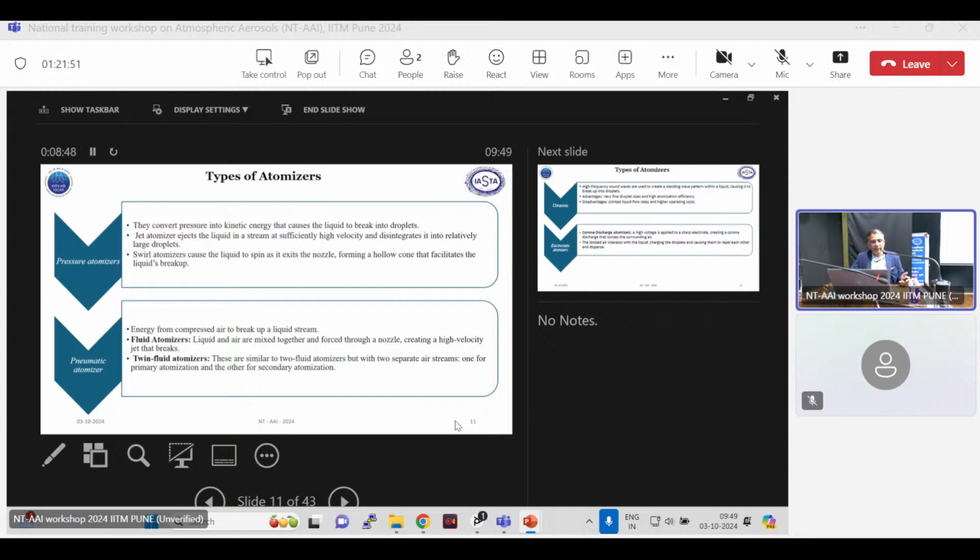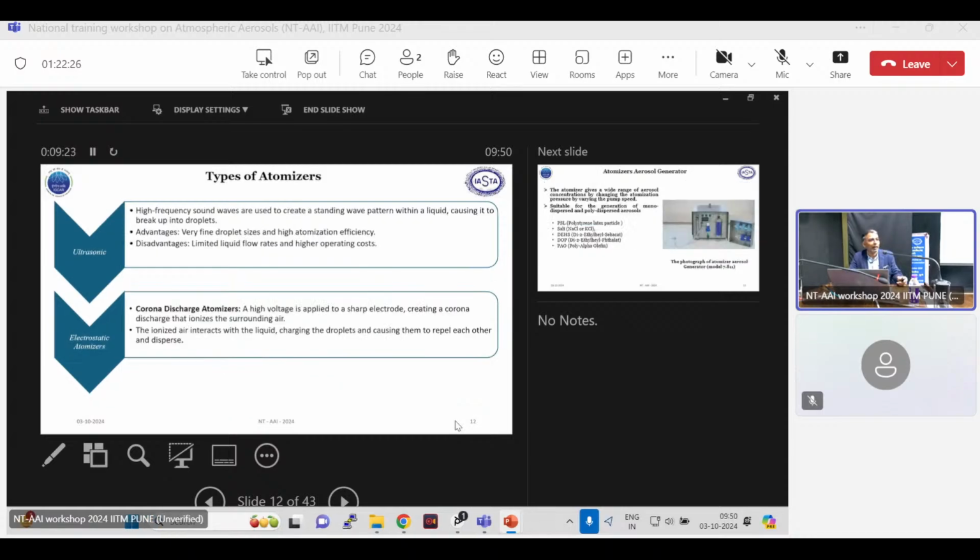Then the pneumatic atomizer, like pressure based or two-fluid atomizer. If the atomizer needs to generate multiple-substance aerosol, then we can use multiple fluids to atomize. So two-element aerosol sometimes needs to be generated when mixing behavior needs to be studied. The principle is the same: air is fed at high pressure to the water film, so it breaks and generates the aerosol.